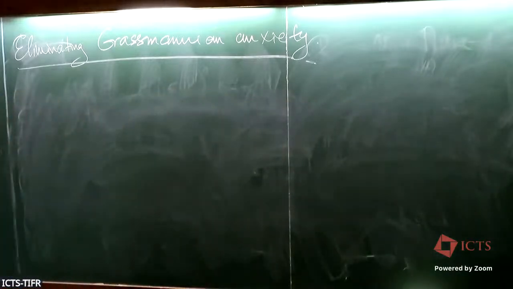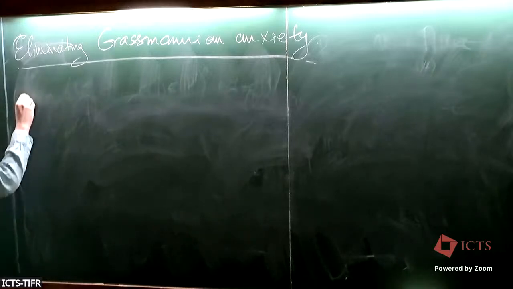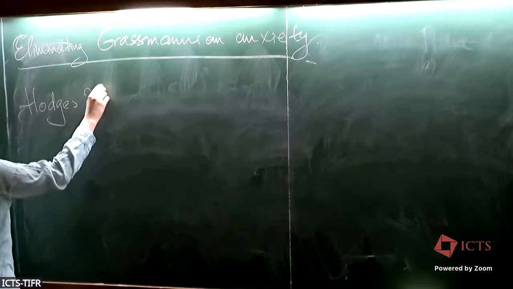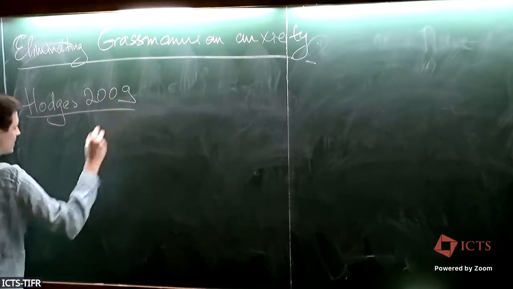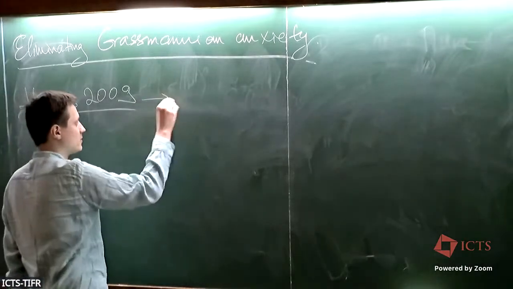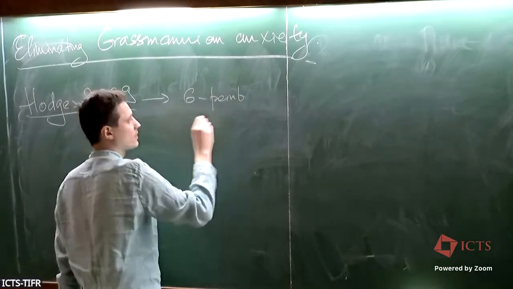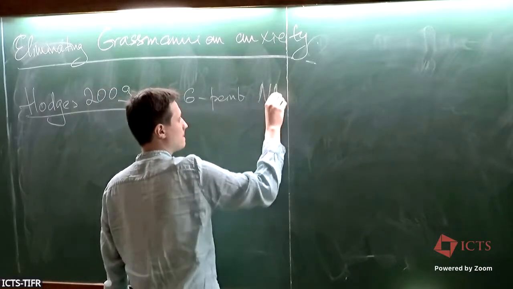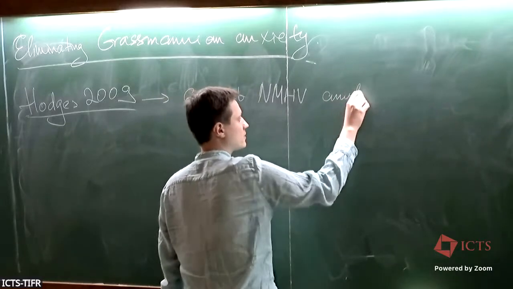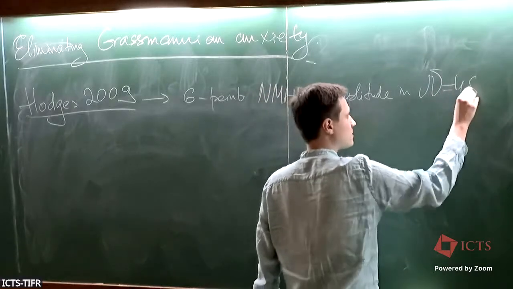So the point of departure for this geometric interpretation of scattering amplitudes, in my understanding at least, is this famous paper of Hodges from 2009, which was already mentioned multiple times this week. What he did there was he took a look at the 6-point NMHV amplitudes in N=4 super Yang-Mills.